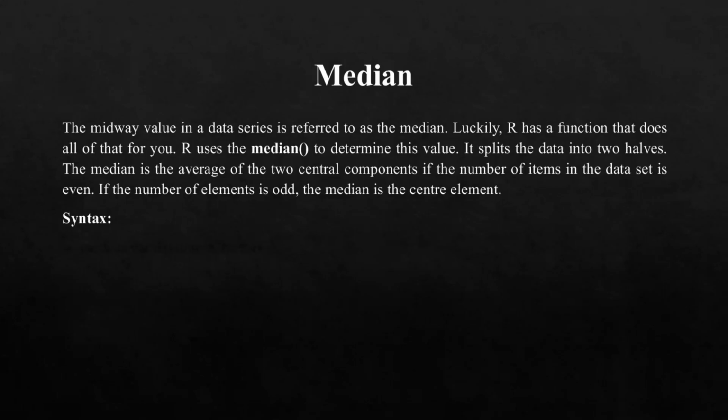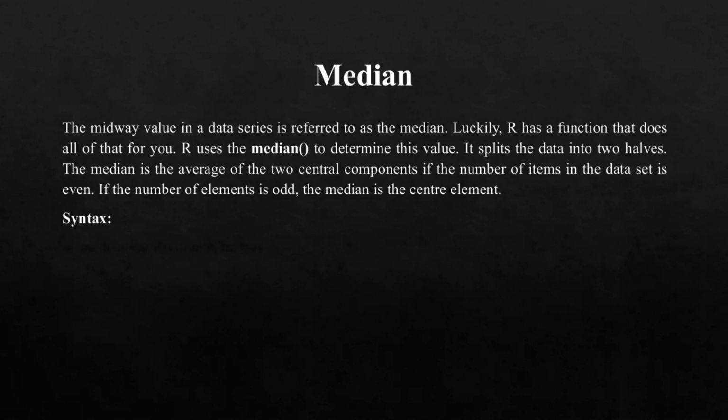So next we have median. The midway value in a data series is referred to as the median. Luckily, R has a function that does all of that for you. R uses the median function to determine this value. It splits the data into two halves.